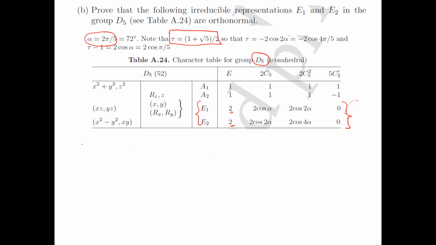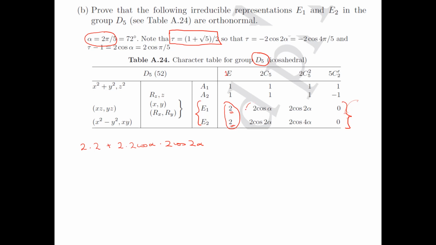So it means that 2 times 2, which is these 2 numbers multiplied. Remember that you have also to multiply by the number of elements in each class. In this case, it's just 1. Plus 2, the number of elements in this C5 class, times 2 cosine alpha times 2 cosine 2 alpha.